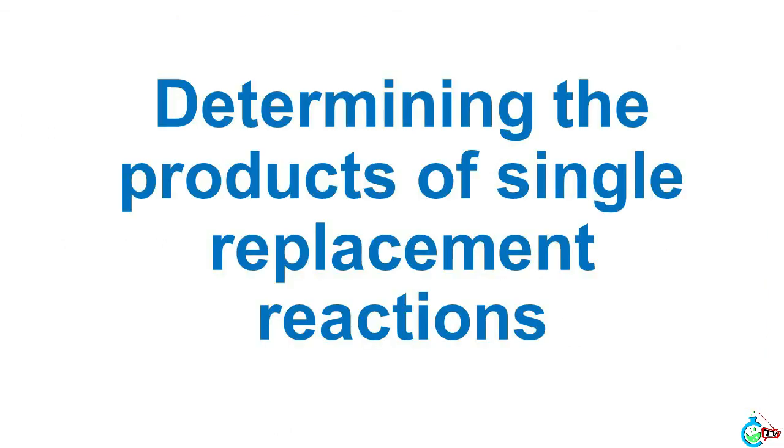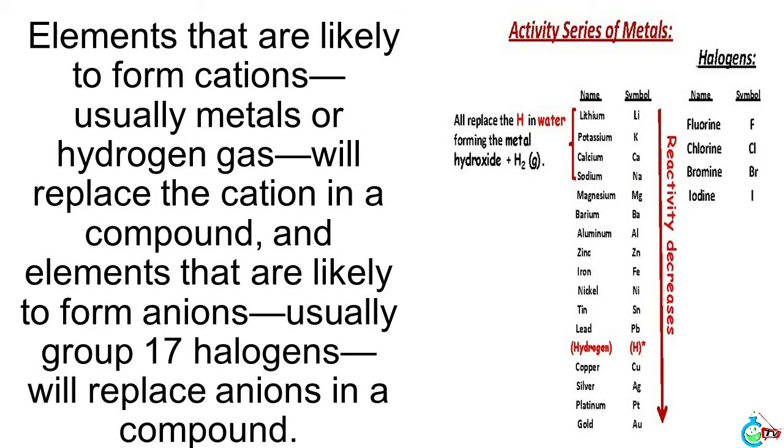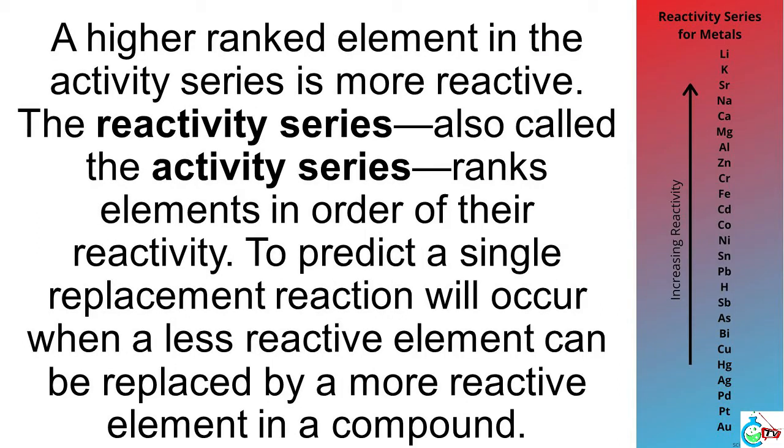Determining the products of single replacement reactions. Elements that are likely to form cations, usually metals or hydrogen gas, will replace the cation in a compound, and elements that are likely to form anions, usually group 17 halogens, will replace anions in a compound. A higher ranked element in the activity series is more reactive.